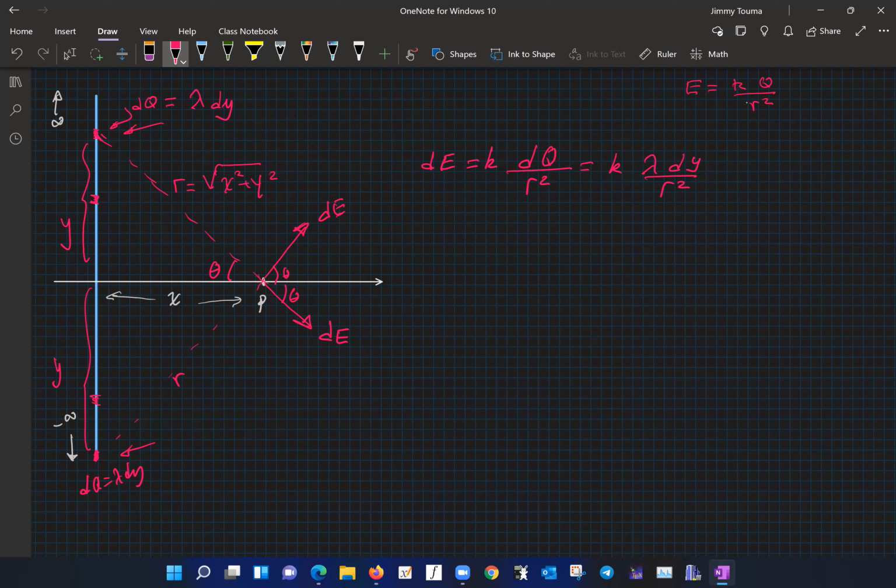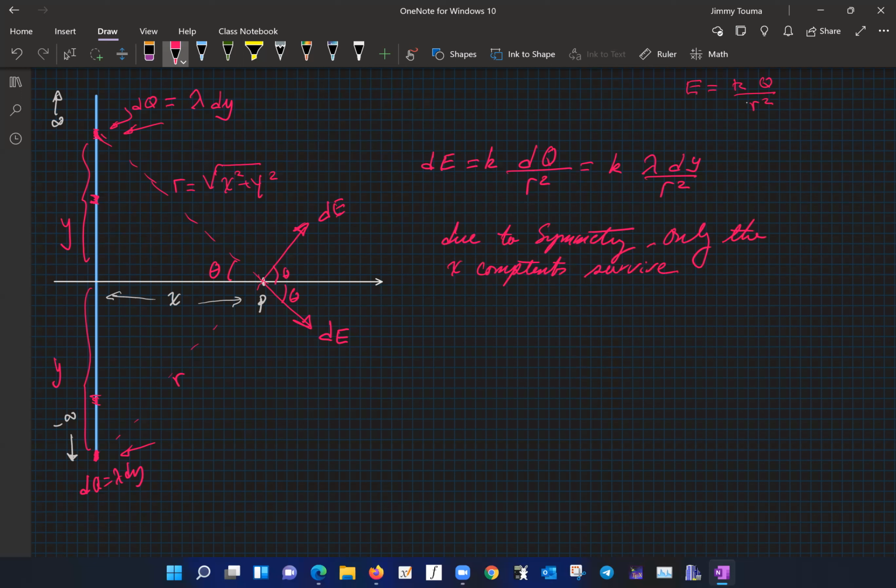So we don't need to worry about the y component. So we're saying, due to symmetry, only the x components survive.